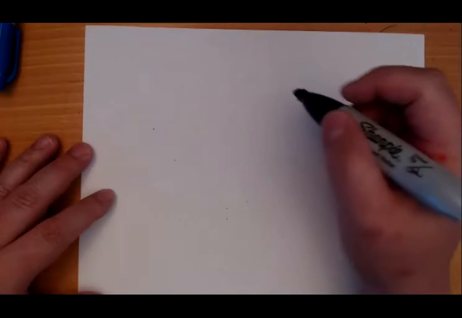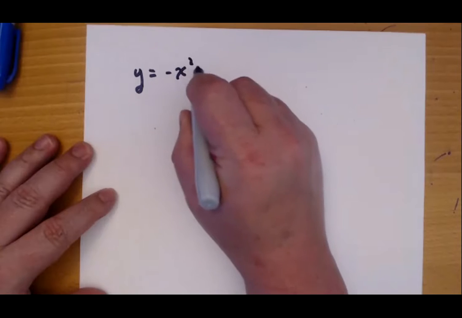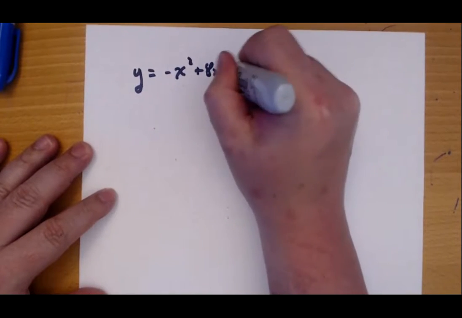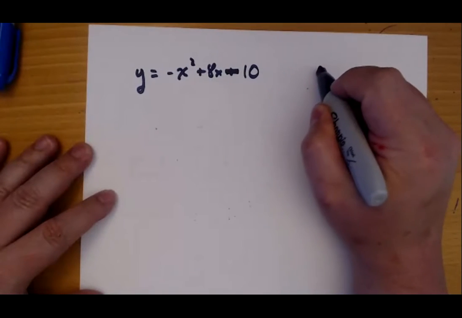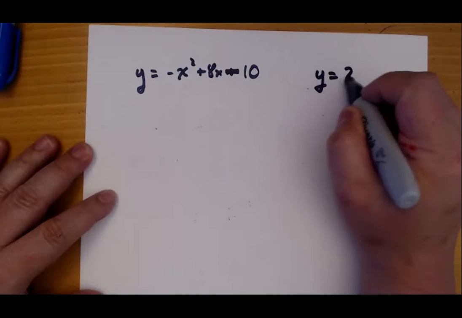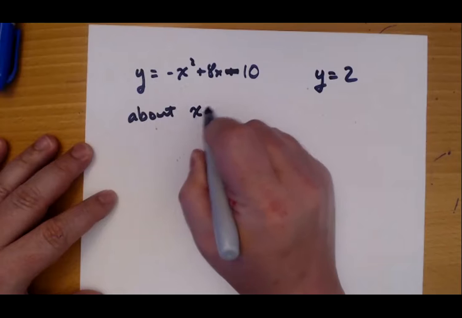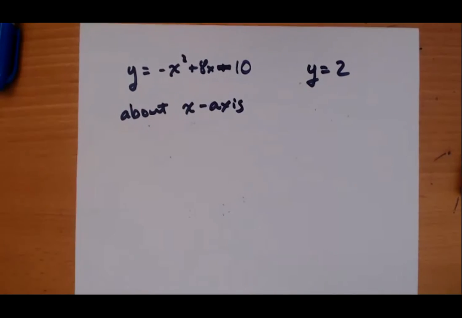So let's use y is equal to negative x squared plus 8x minus 10. Whoops, sorry, minus 10. And the line y equals 2, and we're going to go about the x-axis. So just to show you what we're dealing with, I'm going to go ahead and share my screen.